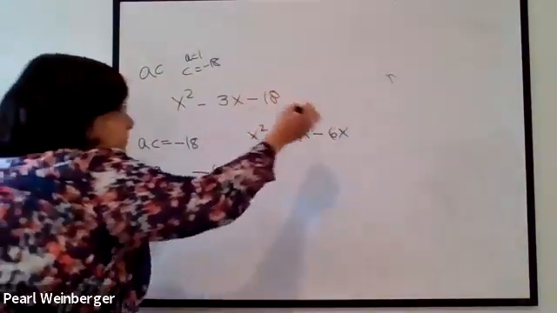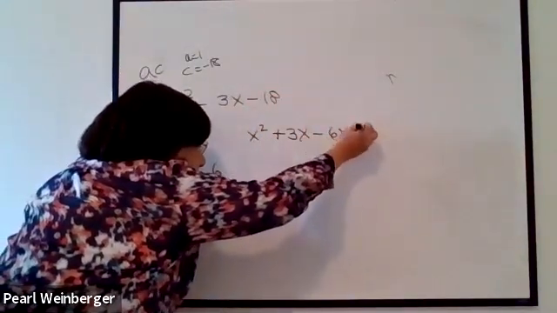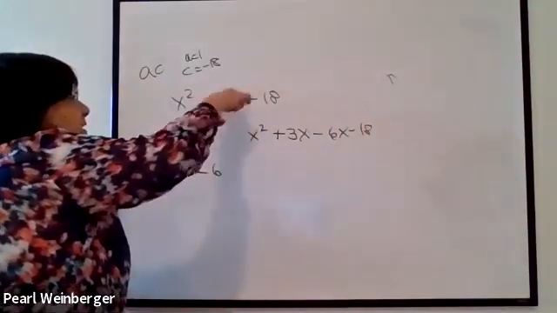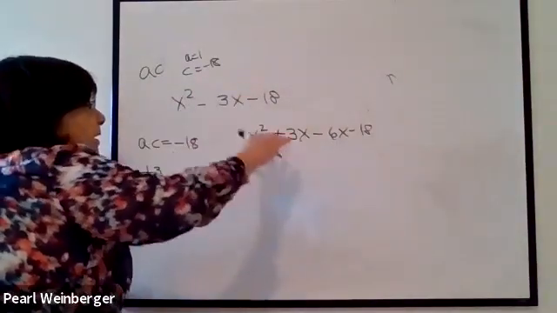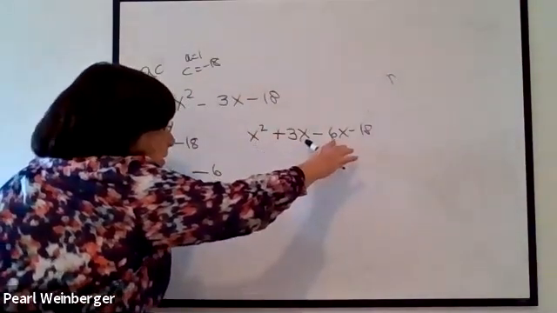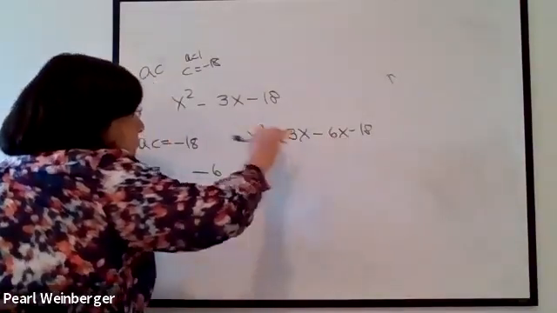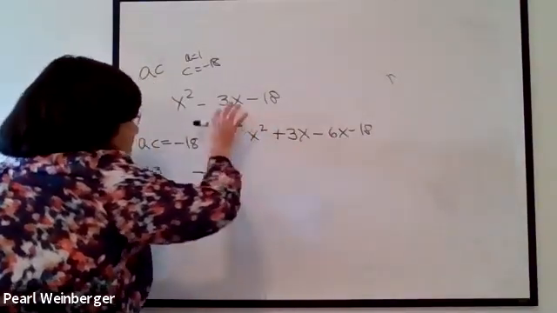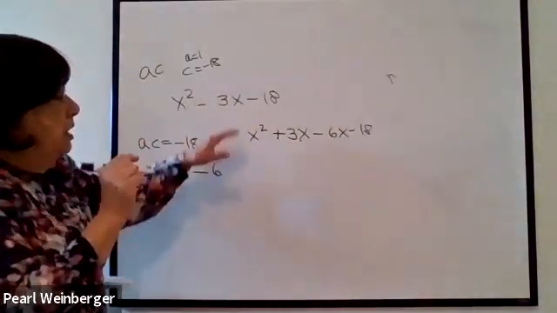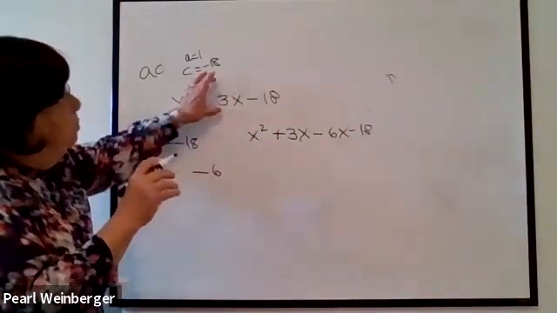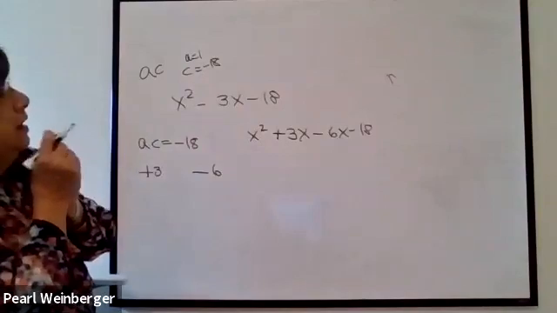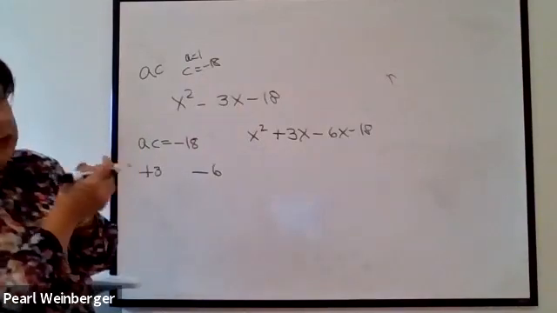And my final term will be negative 18. In other words, I changed this negative 3x into a positive 3x minus 6x. Notice 3x minus 6x is negative 3x. I've just broken this down to what it originally was.